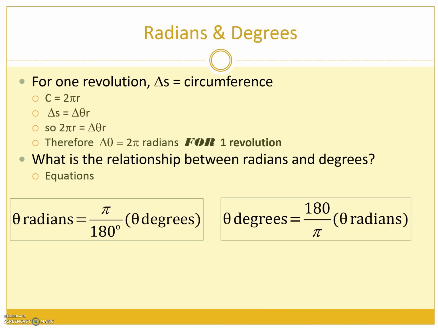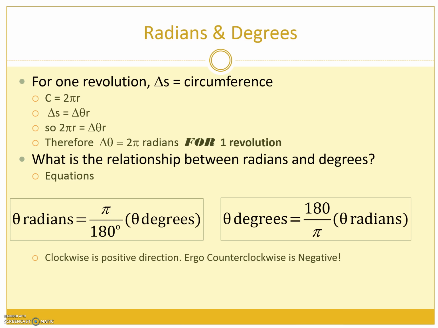Now, if we wanted to solve for degrees given radians, we would take the reciprocal of that. So if we're given radians, if we multiply that value by 180 and divide it by pi, that will give us the angle in degrees.